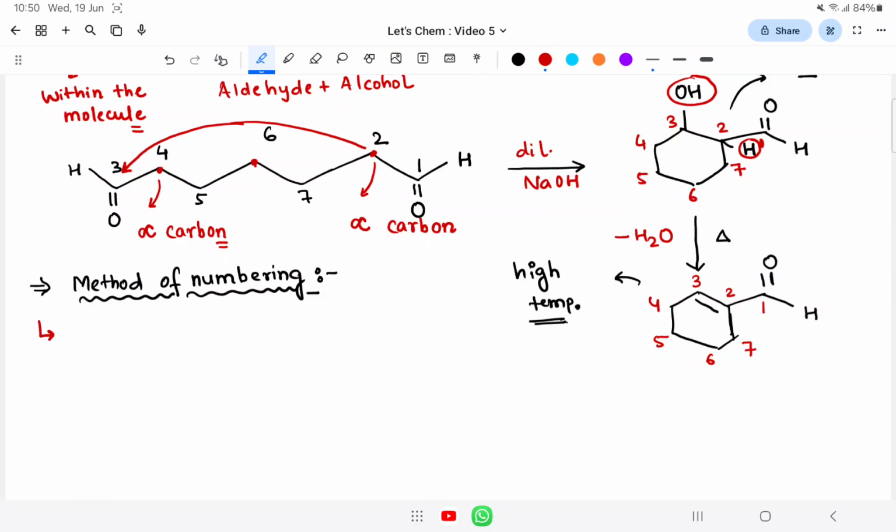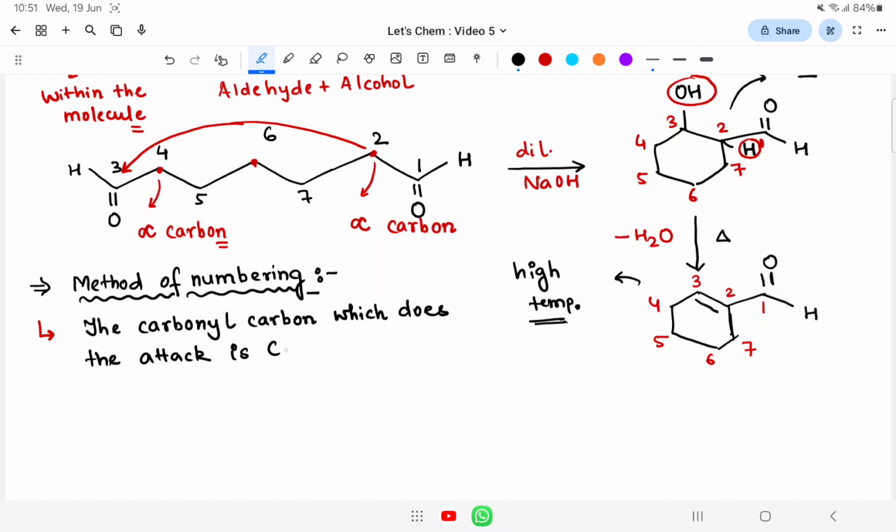So the first method of numbering says that the carbonyl carbon from which side attack happens is C1, carbon number 1.